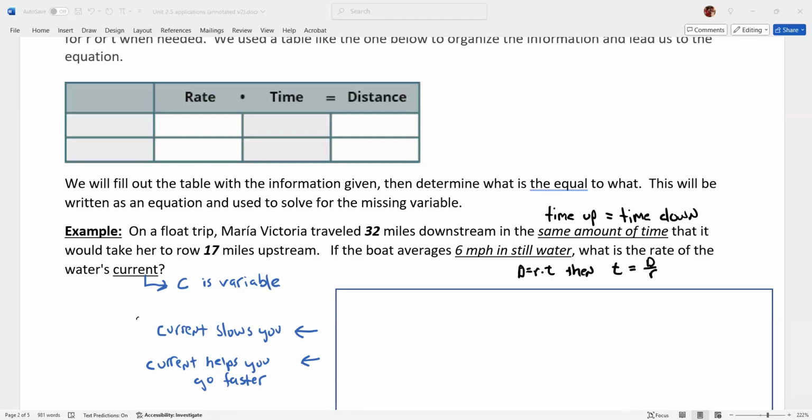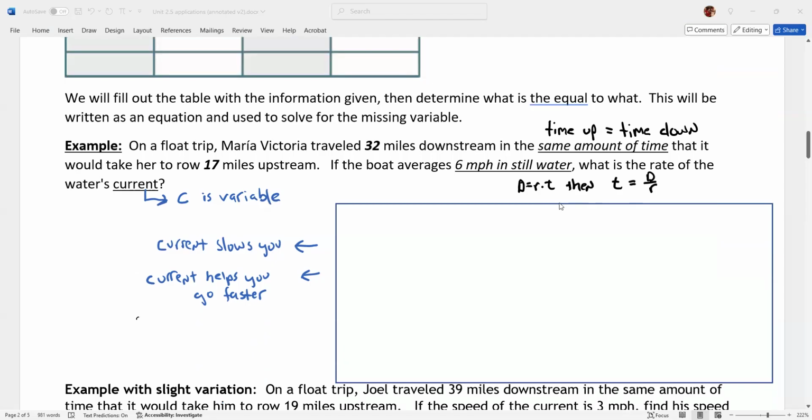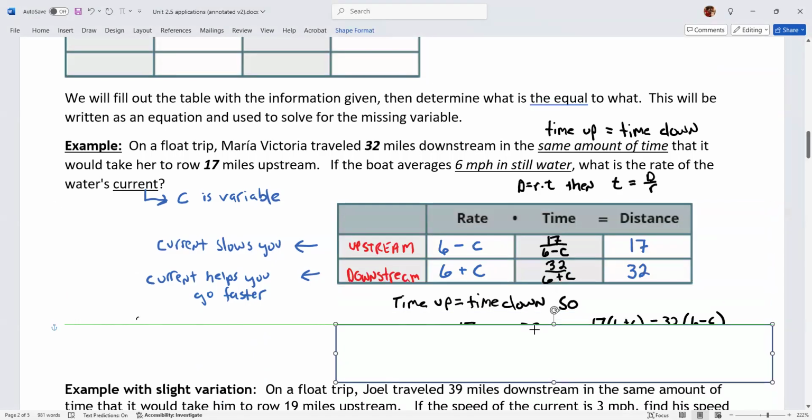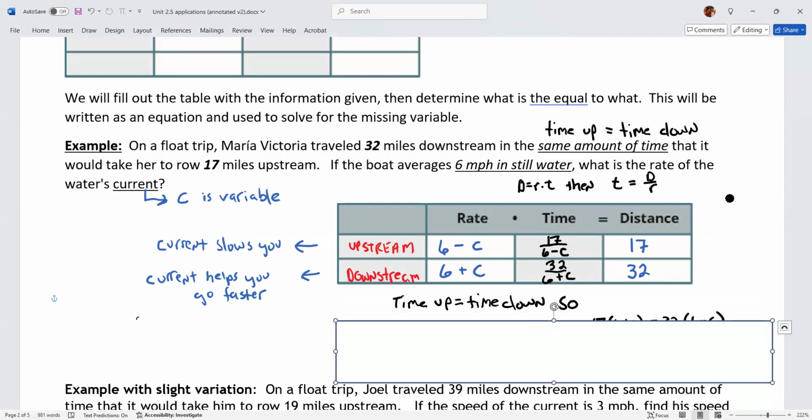Okay. And so what we'll do is we'll go into the table and fill out the information we know. So let me just drop this down and explain where these numbers come from. Okay, so here I've labeled my two components upstream and downstream.